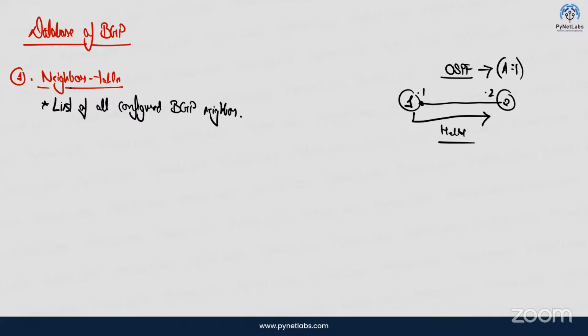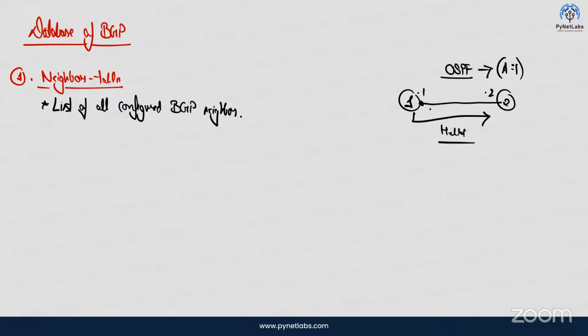But in case of BGP, either it is iBGP or eBGP, the neighborship is something which we have to manually configure. It's not like we define the commands and advertise networks. In case of BGP, it's not going to work automatically unless you configure the neighborship manually.